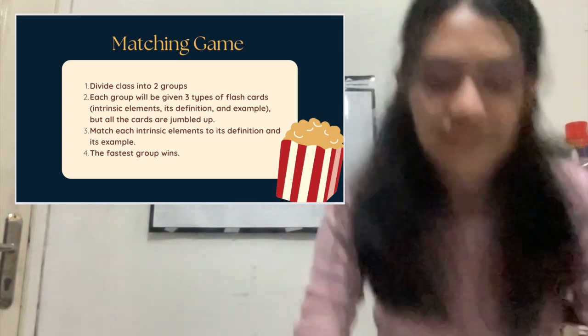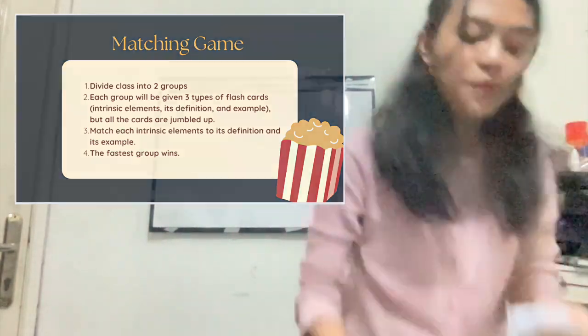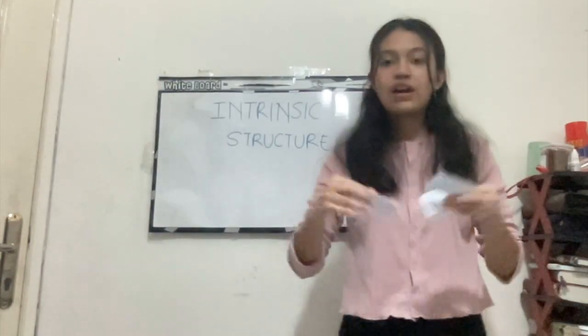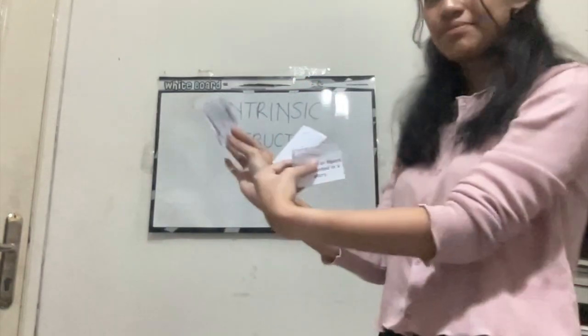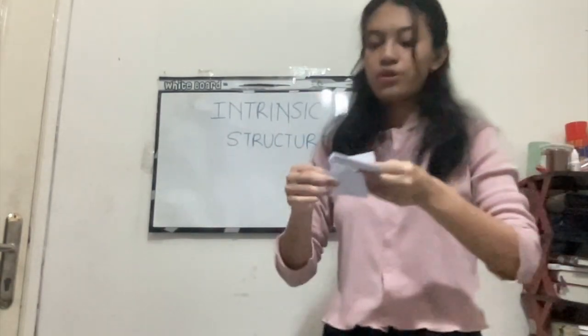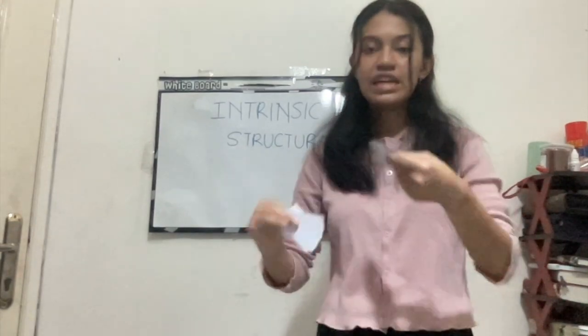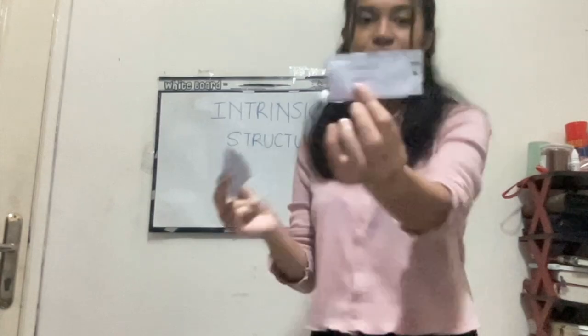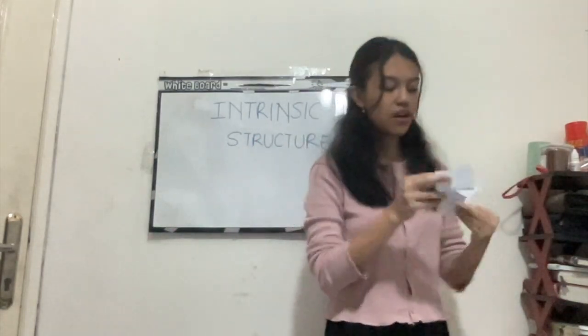So the game is, I will give each group 3 different types of flashcards. What are those? First, we have the flashcard of intrinsic elements. Next, we have the flashcard of its definition.